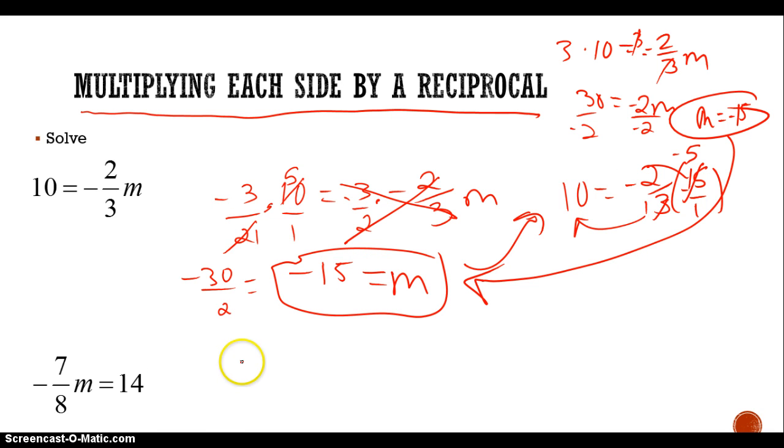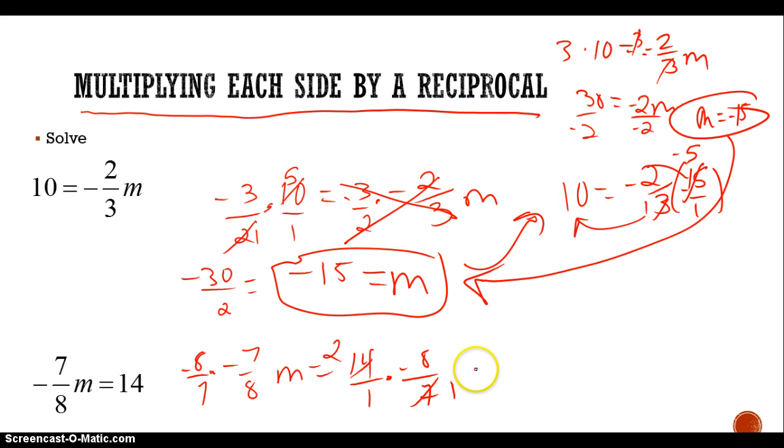So we have negative 7 over 8 m equals 14. So take the reciprocal. Negative 8 over 7. Cross reduce. M equals negative 16.